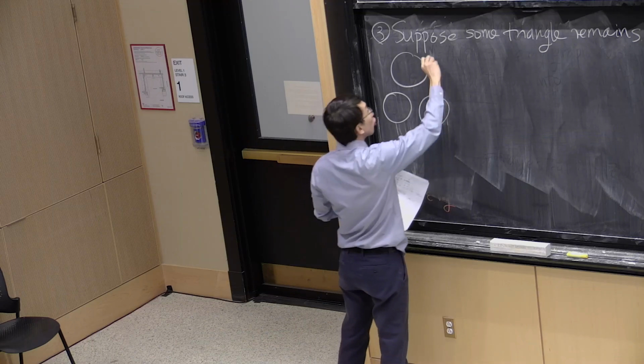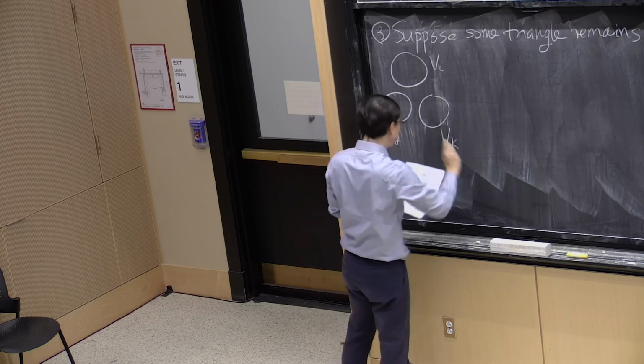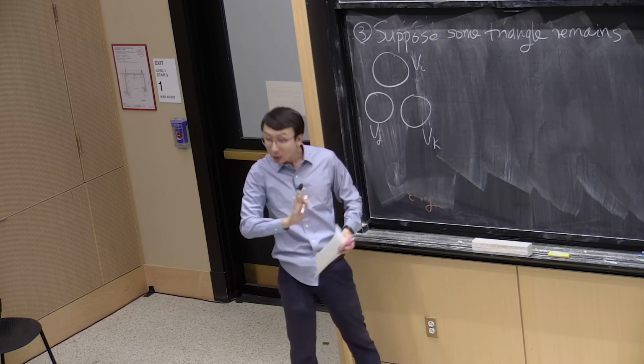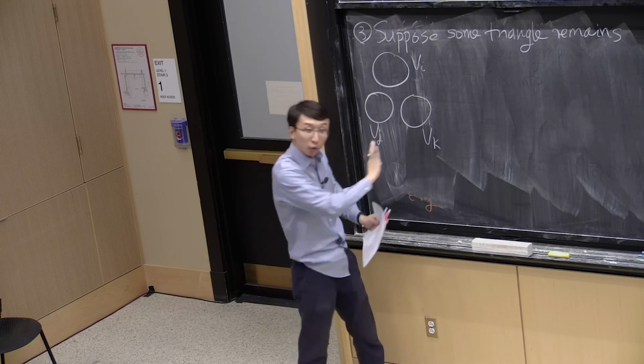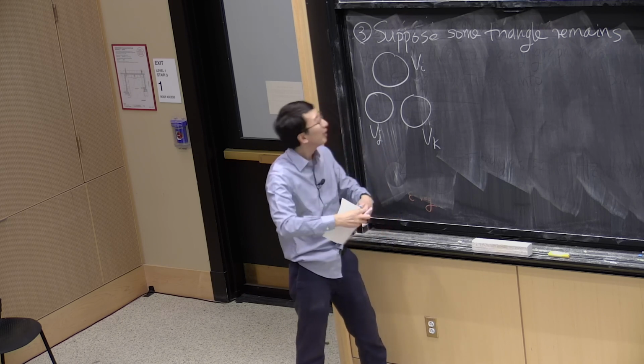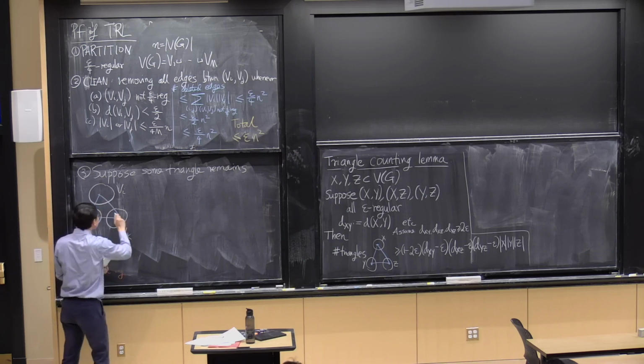It has to be between three parts, Vi, Vj, and Vk. i, j, and k don't have to be distinct. The argument will be okay if some of them are the same, but it's easier to draw if they're all different. So I have some triangle like that.